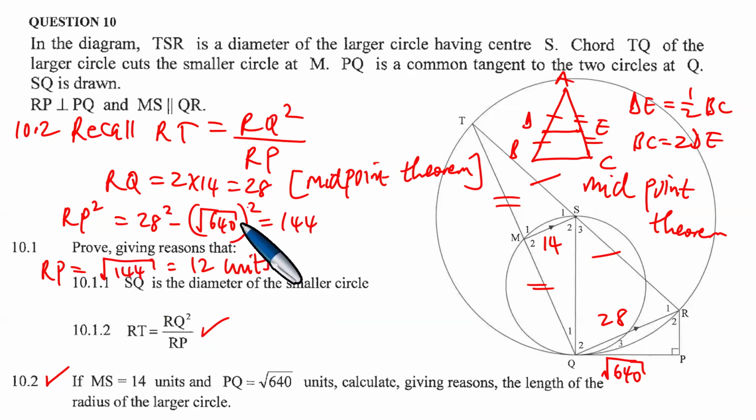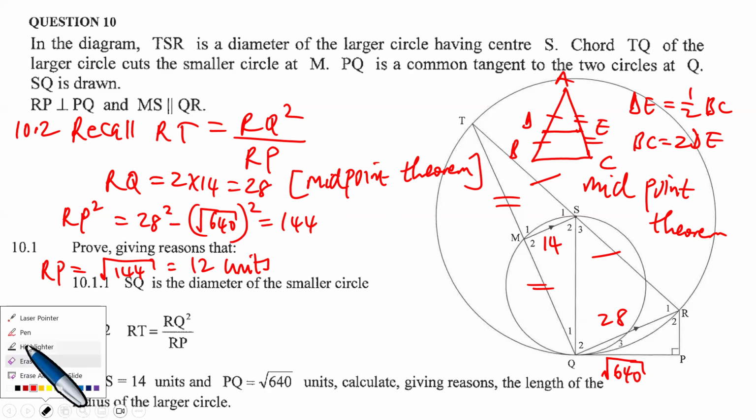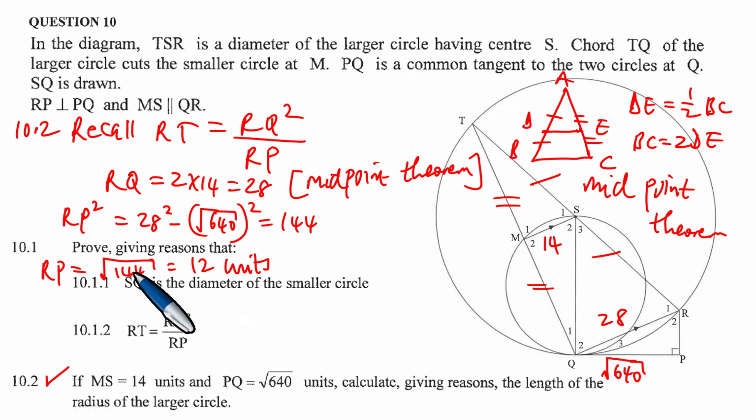So RP now is 12 units, and RQ is 28. The conclusion is therefore as follows. We need to find RT.